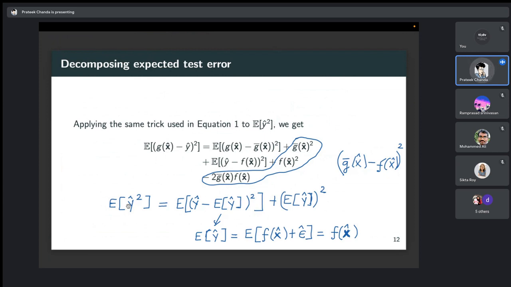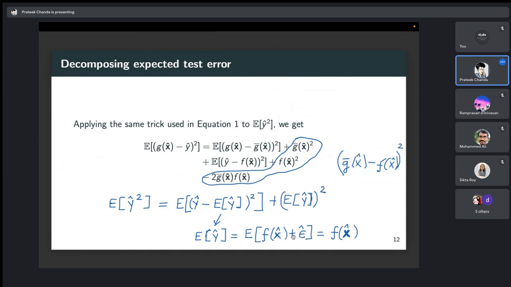We write the expectation of y hat whole squared as the variance of y hat plus the mean of y hat whole squared. And for this, we again want to find out the expectation of y hat. We know y hat is equal to f of x hat plus epsilon hat. So we expand that as follows.